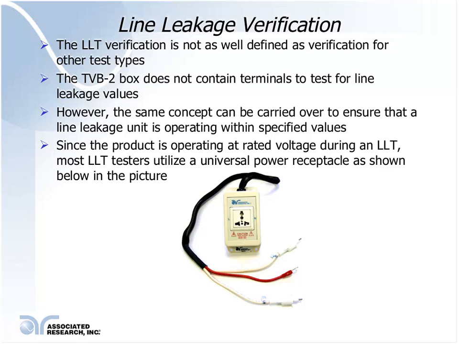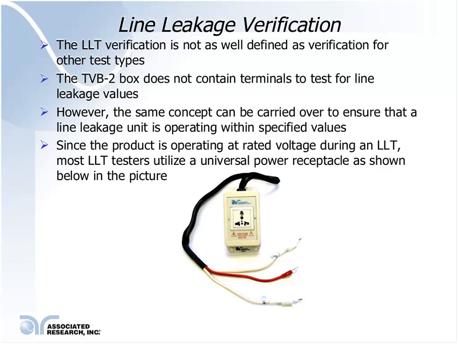However, the same concept can be carried over to ensure that a line leakage unit is operating within the specified values. Since a product is operating at rated voltage, or 110% of rated voltage, while running a line leakage test, most line leakage testers utilize a universal power receptacle, as shown in this picture.